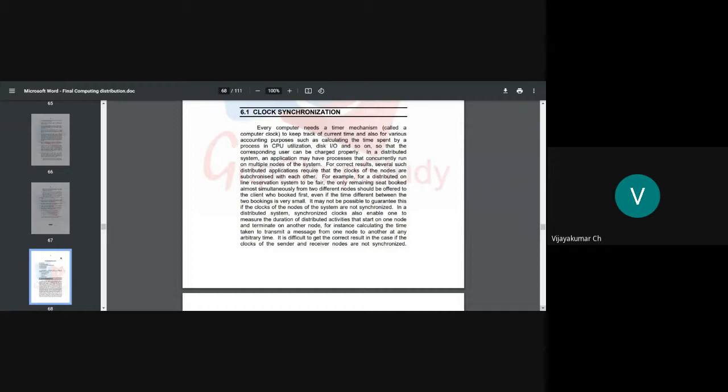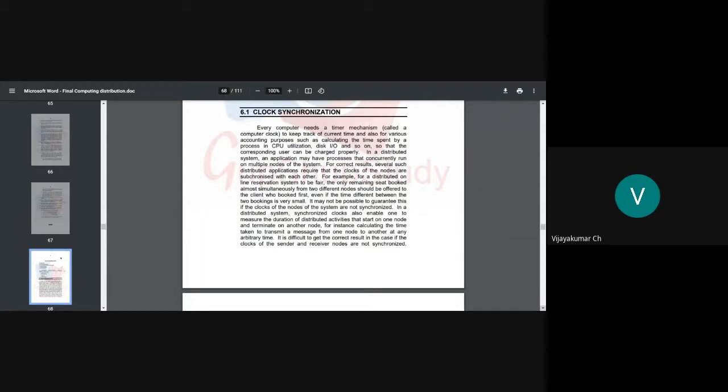The first priority will be given to the first one, and the later priority will be given to the latter one.